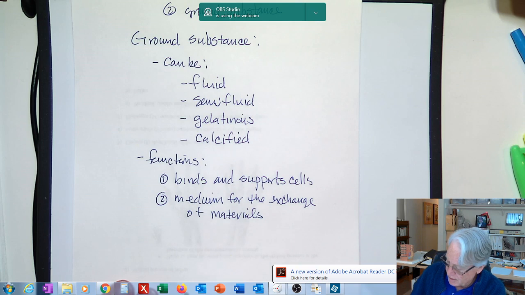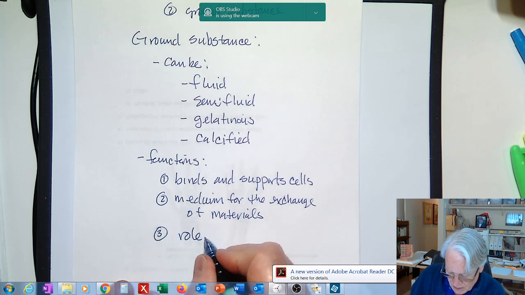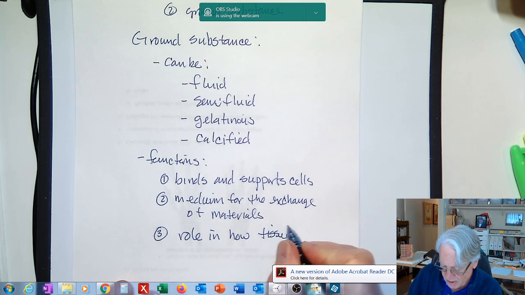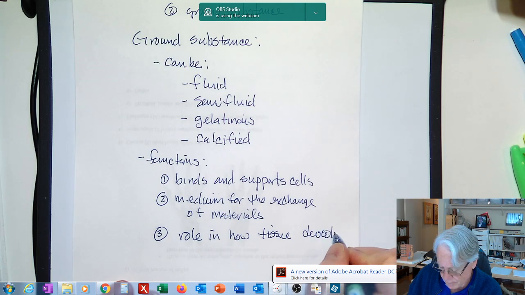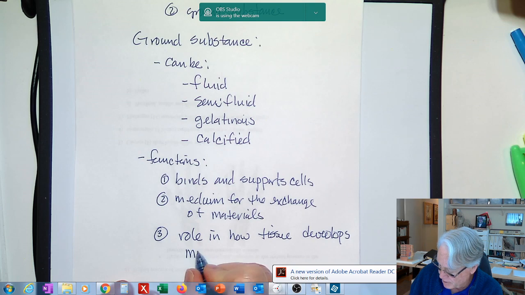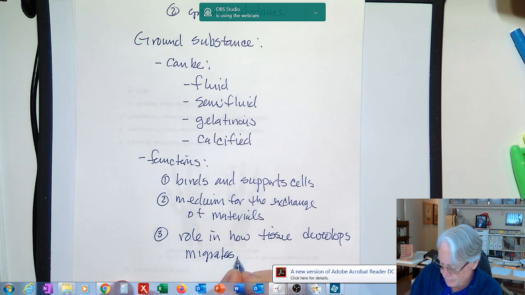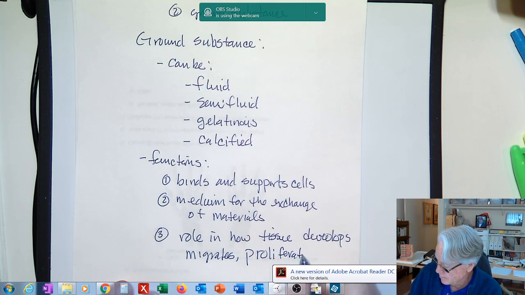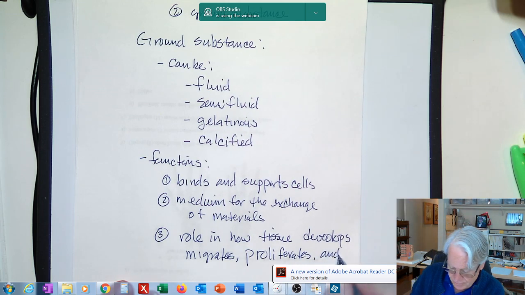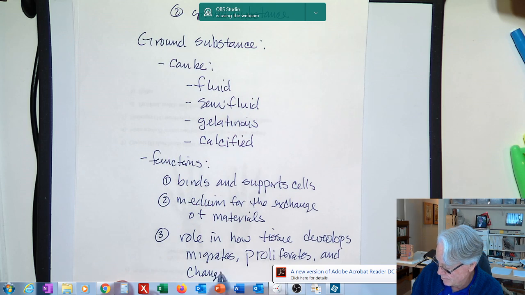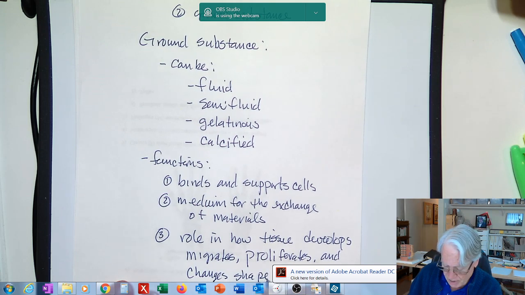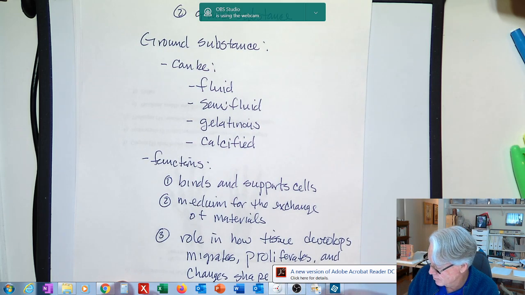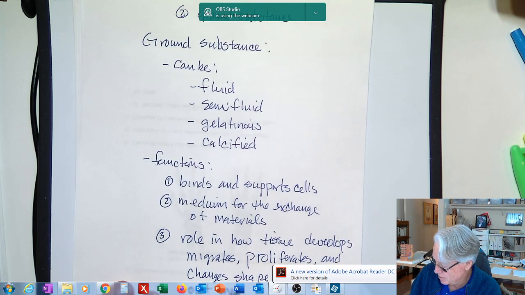It plays a role in how the tissue develops, how it migrates, how it proliferates, how it changes shape, and carries out metabolic functions.